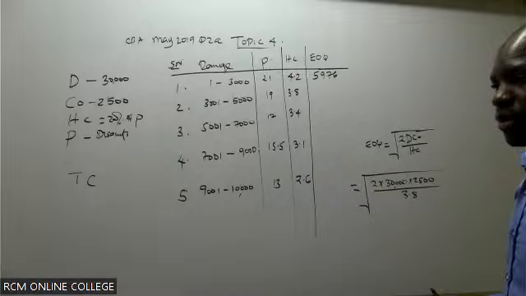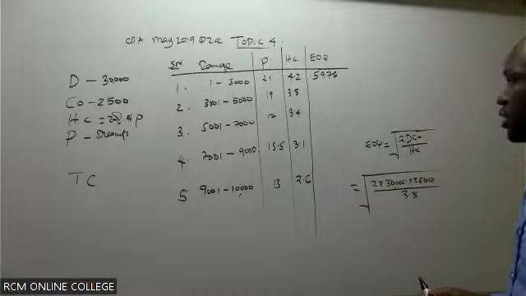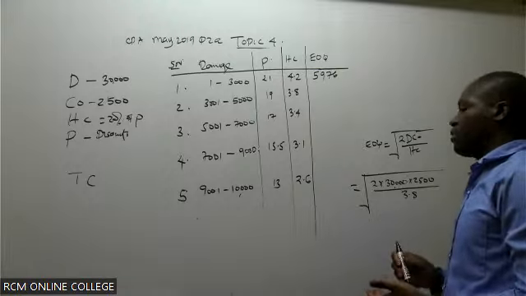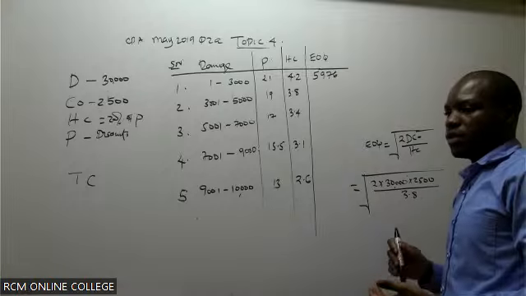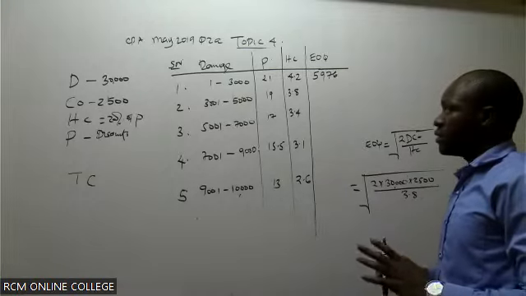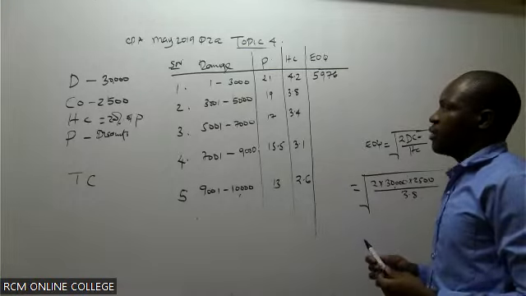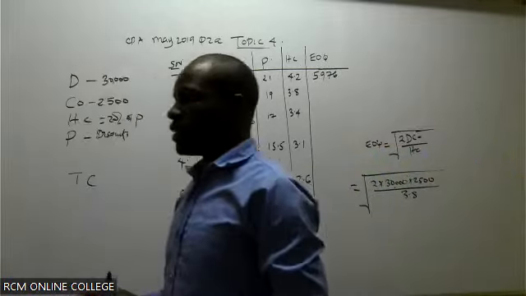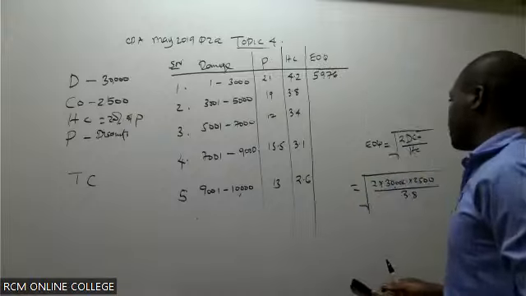DC anapata ngapi? 5620. 6283. Watu wanafanya vitu zingine hapa, wanakosea. You must have 1986. Wow. Watu wanakosea. We must have the same answer, 6283.